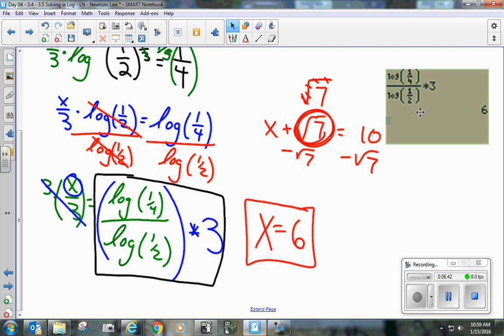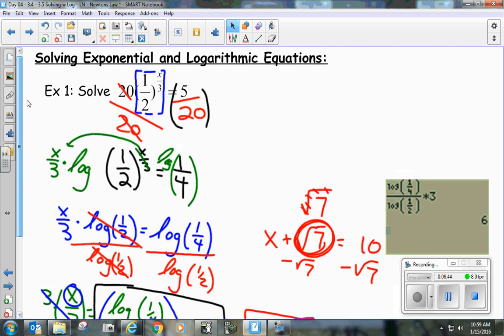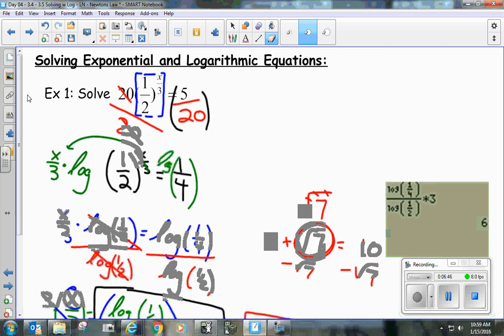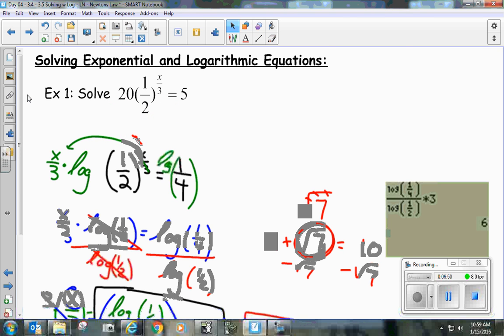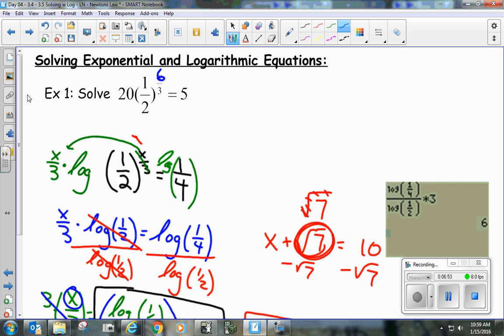Now, let's check this. If in our original equation x was 6, right? What is 6 divided by 3? That's 2, right? So now it's 20 times 1/2, squared, should equal 5. What happens when I square 1/2?